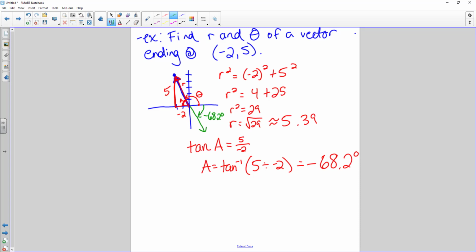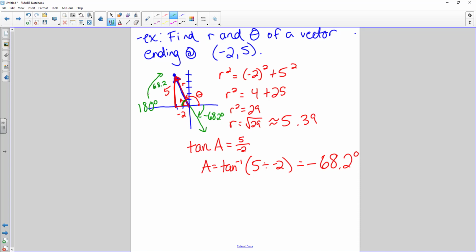So if this -68.2 is between the x-axis and this vector down in quadrant 4, then that means that A is a positive 68.2. So this A right here, this is 68.2. So I'm trying to figure out between 180, there's 180 degrees, here to here is 68.2.